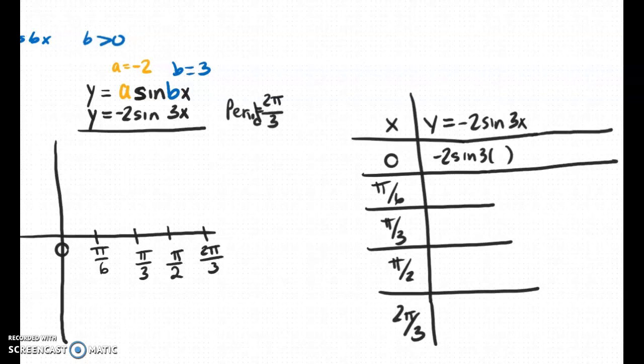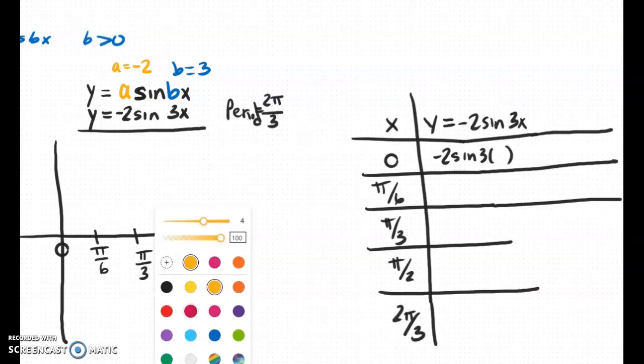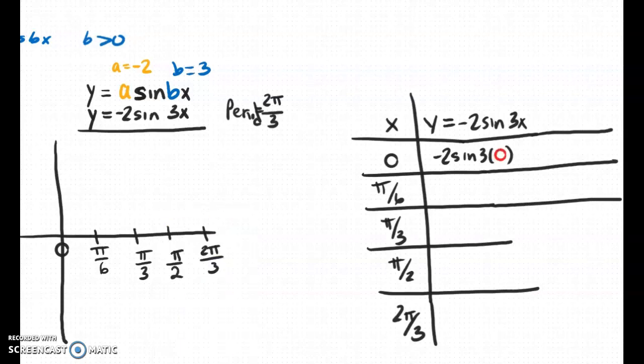So when I plug in 0 for x, what do I end up with? I end up with negative 2 times the sine of 0. And at 0, the sine value is the y value, which is 0.